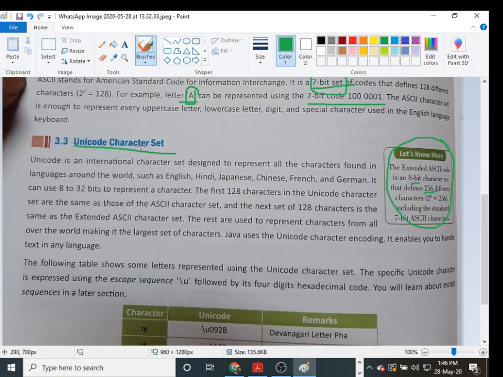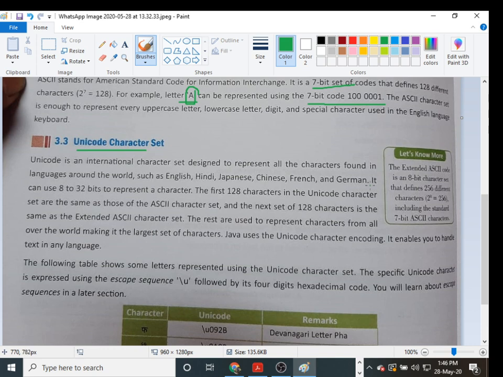Here is now the Unicode character set. Unicode is an international character set designed to represent all the characters found in languages around the world, such as English, Hindi, Japanese, Chinese, French and German.